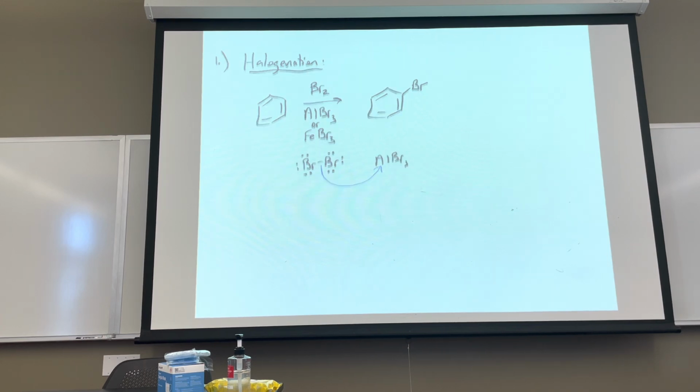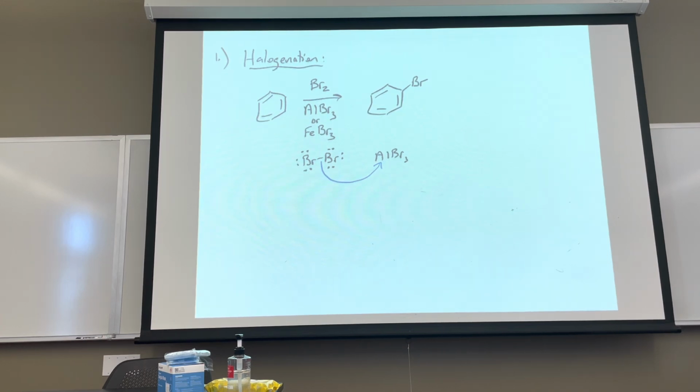And if that happens, what you end up with is aluminum with an extra bromine, so it's going to now be AlBr4, and it's going to have a negative charge because the bromide attacked it.